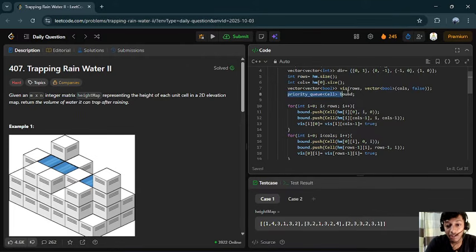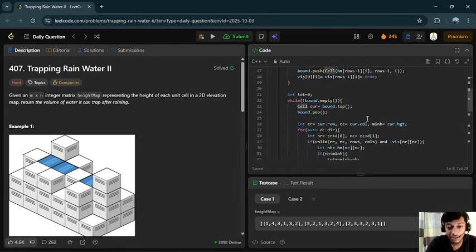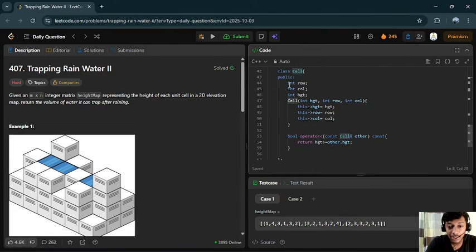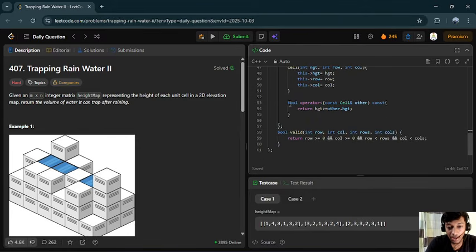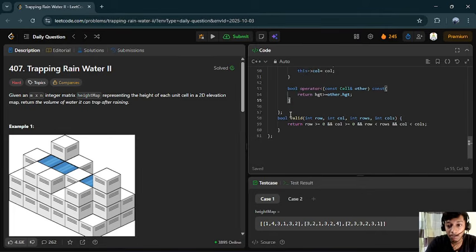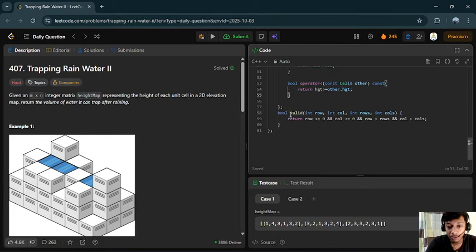Then we have a priority queue. This Cell is a class which just contains the row, column, and the height. And this is the comparator to always sort the priority queue by the minimum height of the wall.